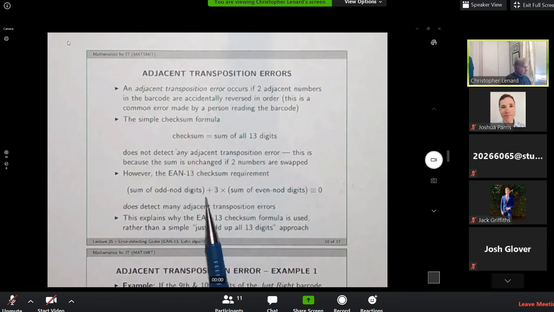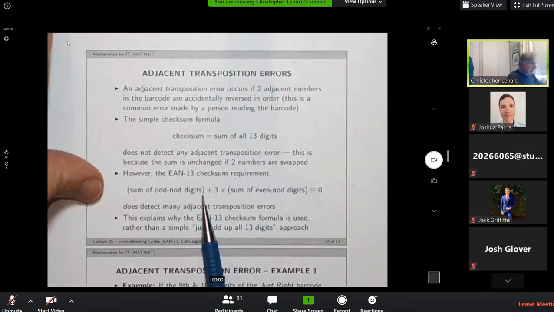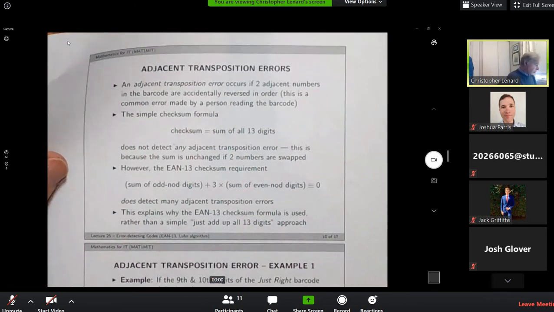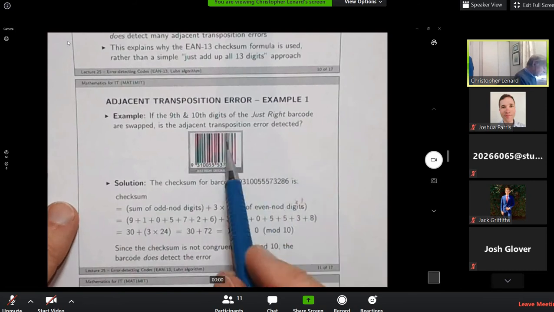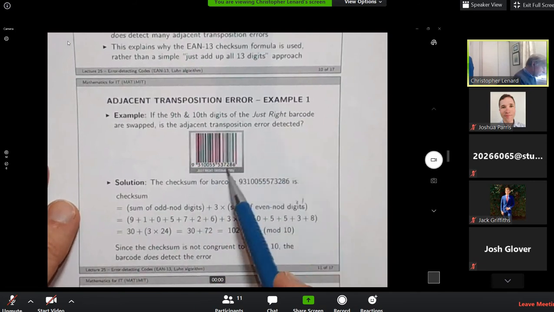The more complicated thing, where we're weighting the odd numbered digits with 1 and the even numbered digits with 3, picks up two sorts of errors: a mistake in a single position and a transposition. So that's why it's a better thing. It just does more for you. So here's an example. The 9th and 10th digits, here's our just right barcode.